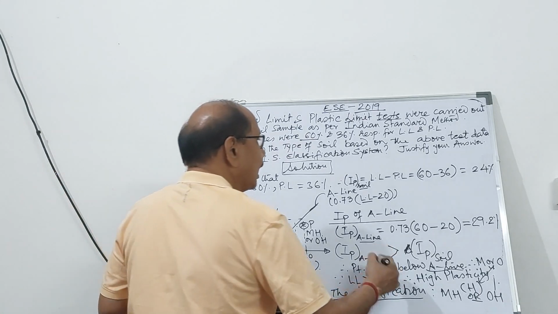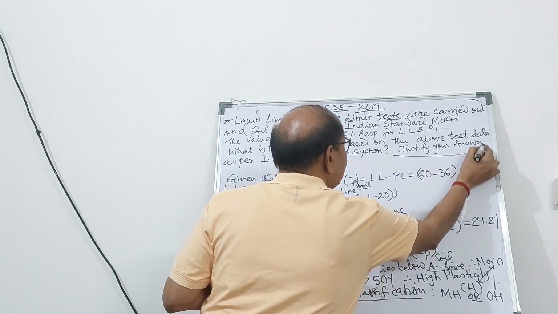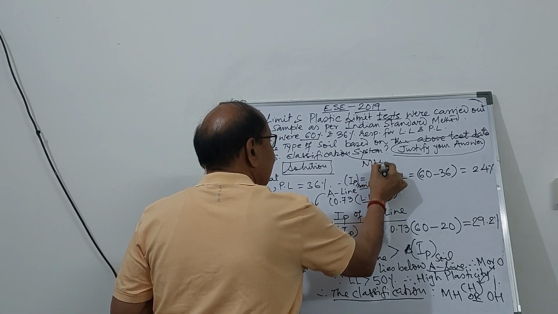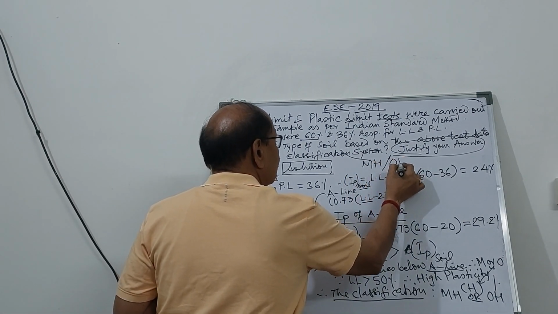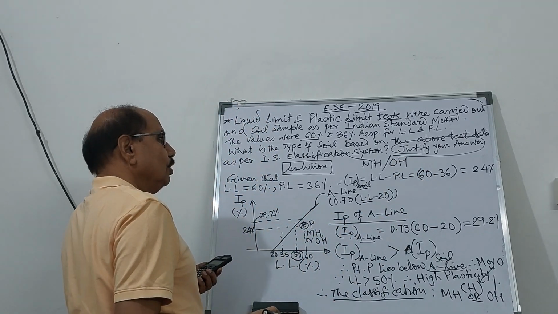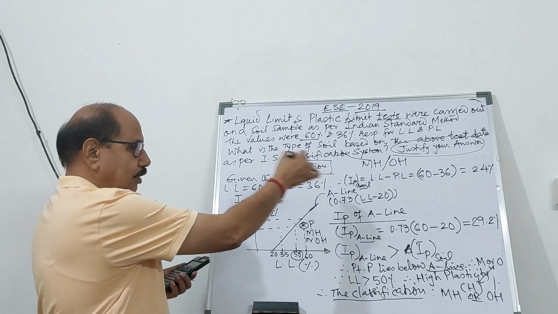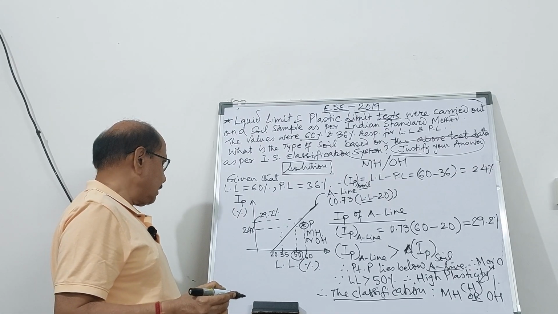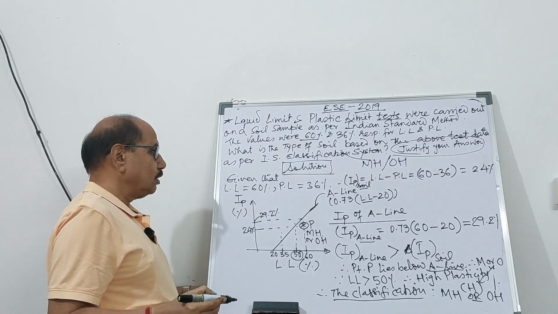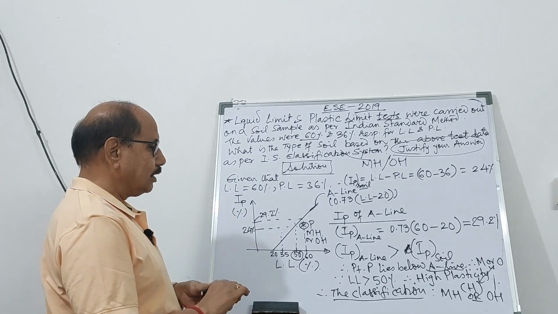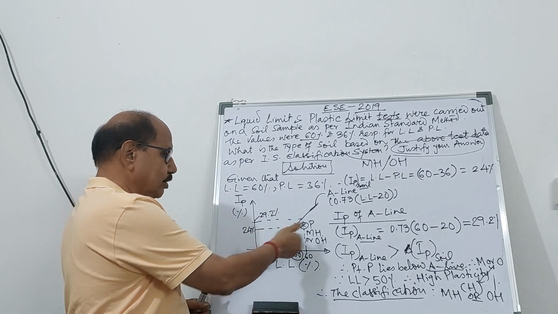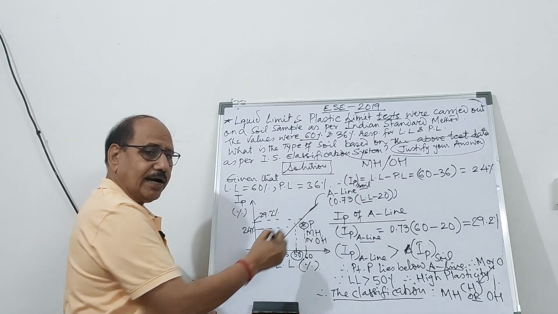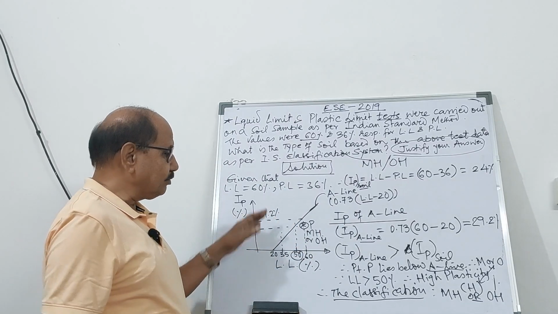So that is the answer. We have justified our answer, and the classification is MH or OH. So you can always look into the complete justification for your answer. In the examination, you must draw this chart and mark where your point lies, whether it is above the A line or below.